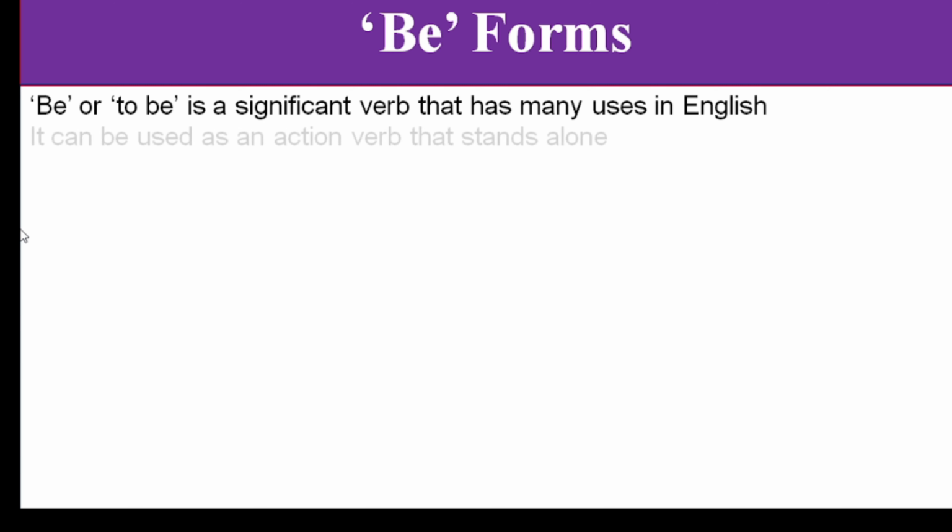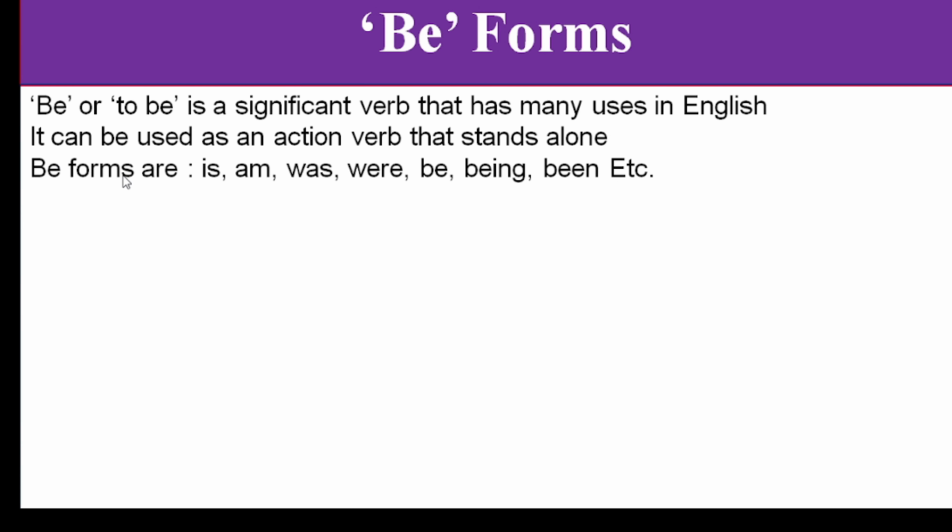It can be used as an action verb or main verb that stands alone. The be forms are generally is, am, was, were, be, being, been, etc. Some other forms can also be added to this group.